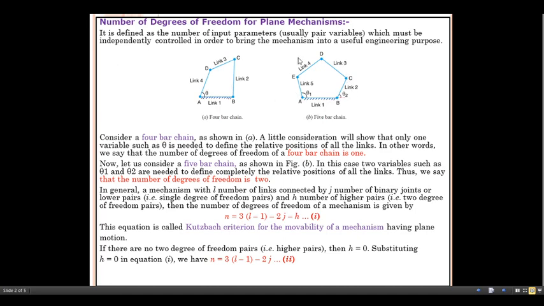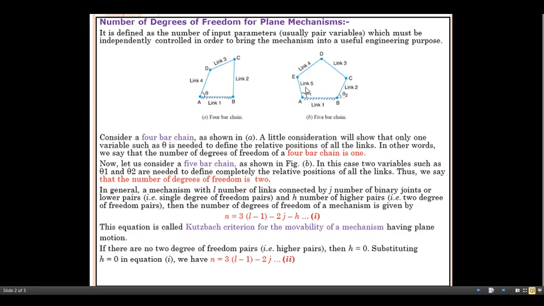Now let us consider the case of a 5-bar chain. In this case, we have a total of 5 links. Now look towards this one. The angle made by link number 5 with link number 1 or the horizontal axis is theta 1. At the same time, the angle made by link number 2 with the horizontal axis, theta 2, is shown here. So whatever input motion is given by us is not transferred towards the last link, meaning the motion of the last link is independent of the motion of link number 5.